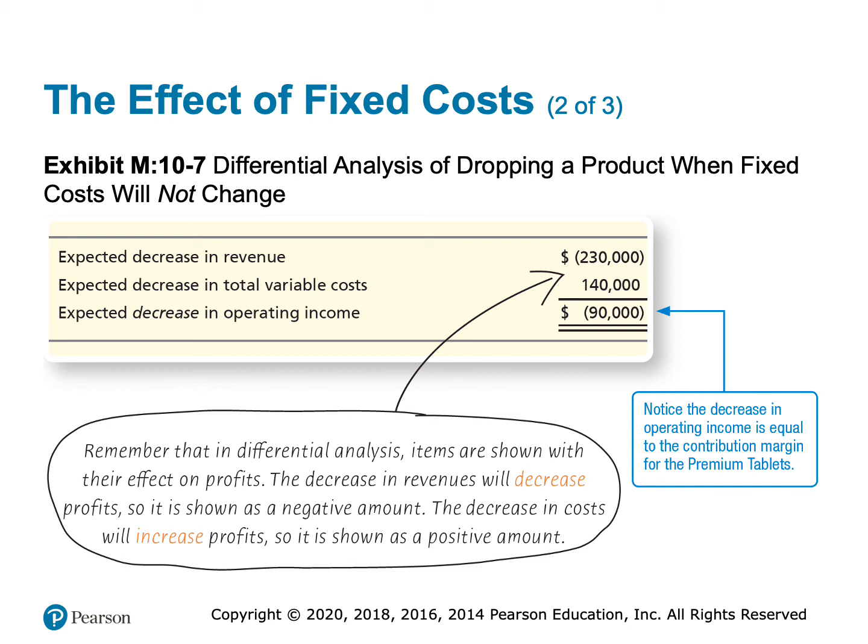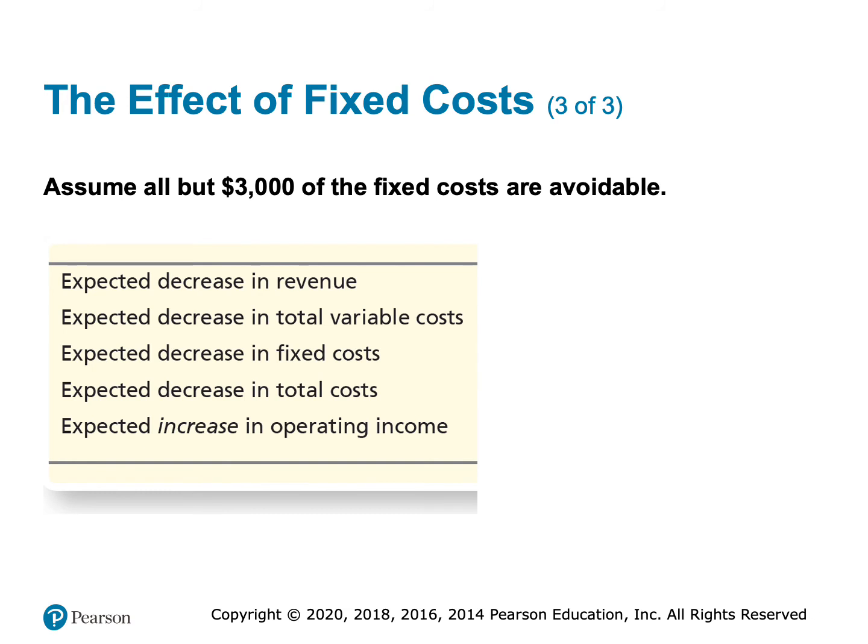Now, what if we're told that all but 3,000 of those fixed costs would be avoidable? So in this case, out of that 95,000 of fixed cost, 3,000 would have to be reallocated to the standard tablet, but 92,000 would go away. Now, would this change our decision?